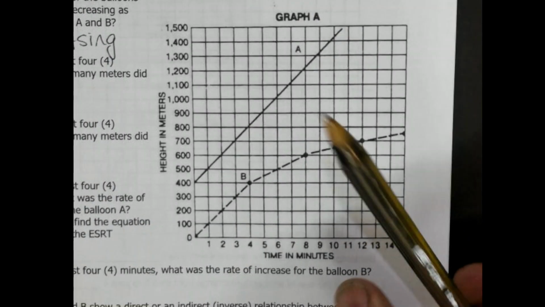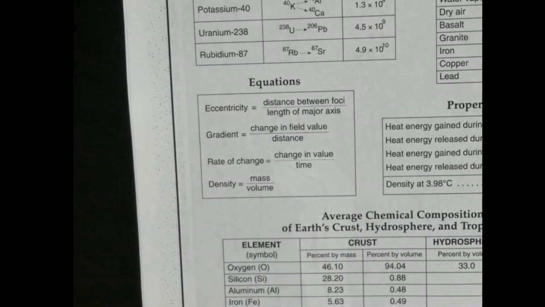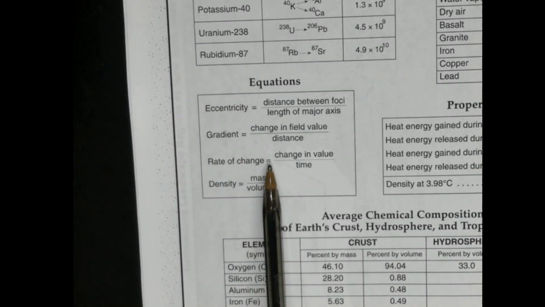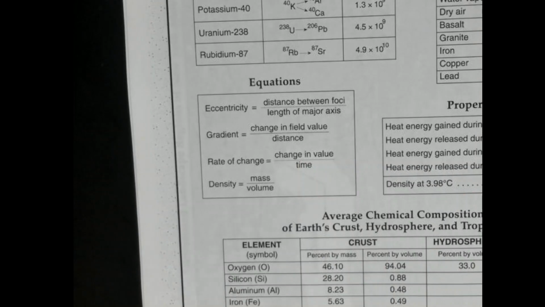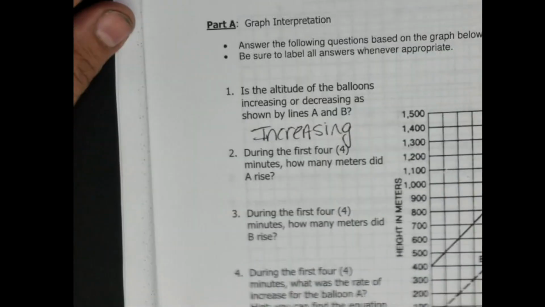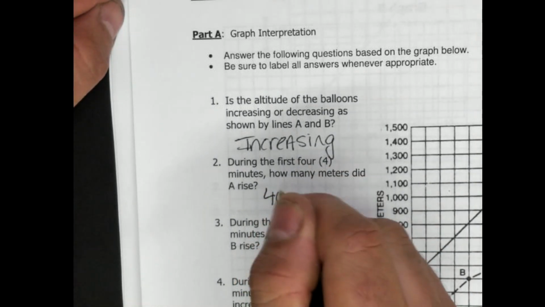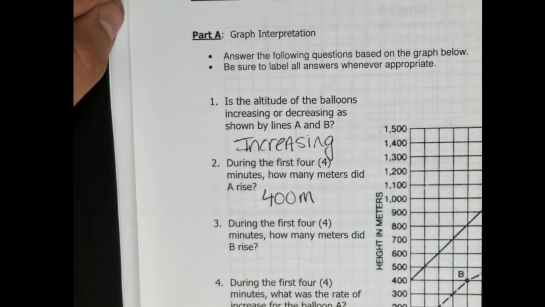Now, if you recall, in our Earth Science reference table, under equations, we have our rate of change formula. Rate of change equals change in value over time. So here, during the first 4 minutes, how much did it rise? Well, it went up 400 meters. That's 800 meters, take away 400 meters, leaving 400.